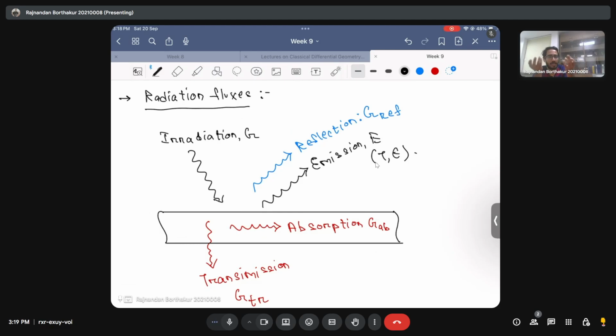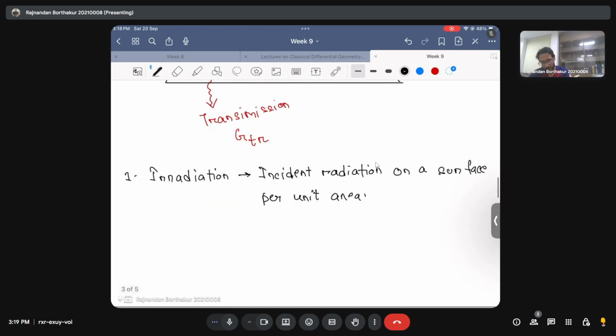It's an energy per unit area. The letter that we will use to define irradiation is G, and this G has a unit of watt per meter square. We will define this irradiation as the incident radiation on a surface per unit area.